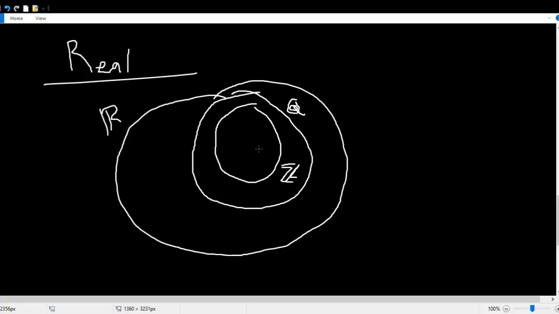So you're basically saying that every integer is rational, but not every rational value is an integer per se. And then finally, you come out on top with your natural numbers in the middle, the most specific form of real numbers. And then here, in the outer skirts of this bubble, you want to put in your imaginary values, your imaginary i.